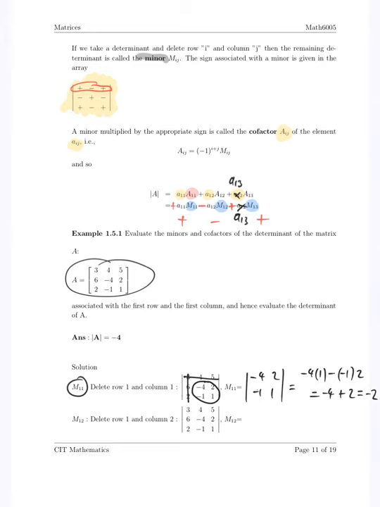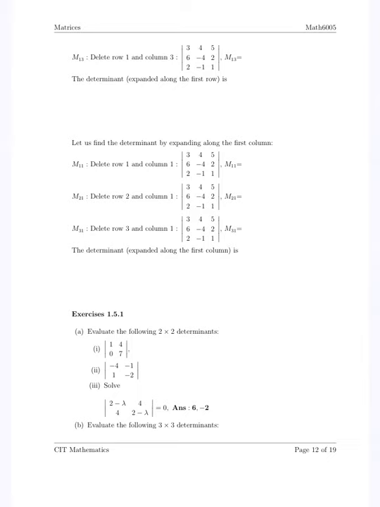M12, here is element 1, 2, so we delete that column and that row, and we want to calculate the determinant of 6, 2, 2, 1, which is equal to 6 minus 4 equals 2. So M12 is 2. Next, we do M13.